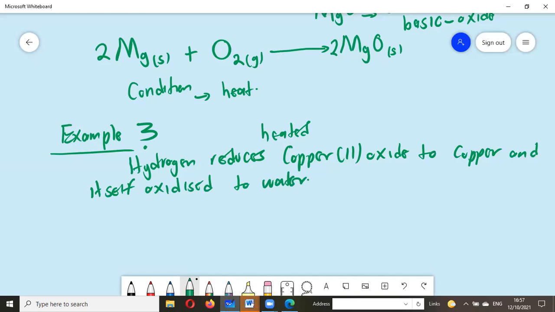Now, hydrogen is a gas, not so? So that means I have H2, it is a gas. What do you think the state symbol is? It is a G, not so?